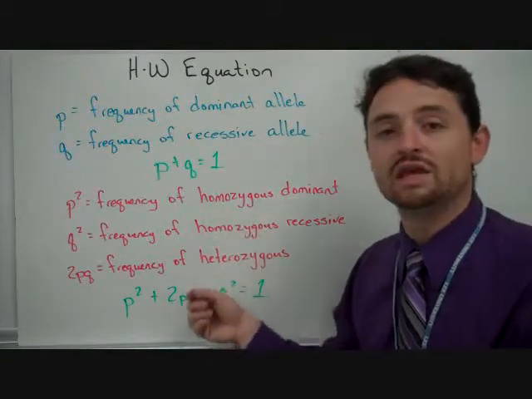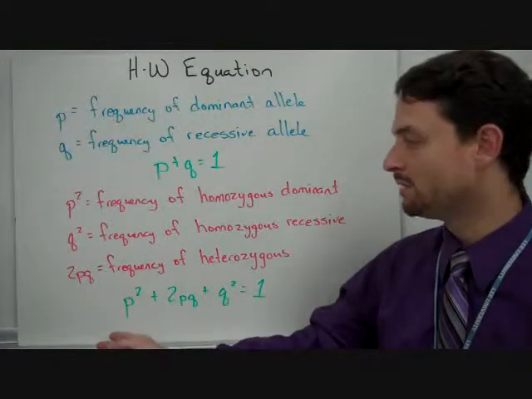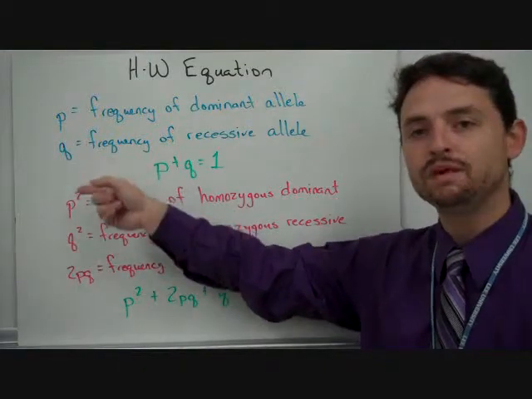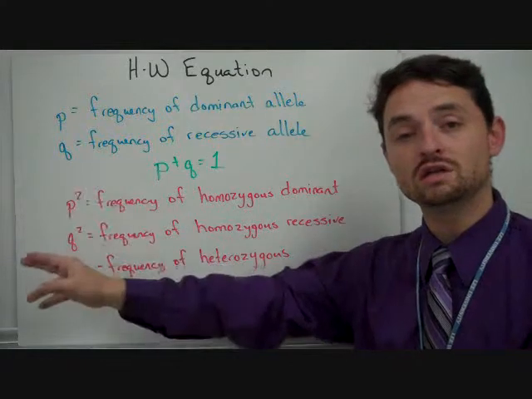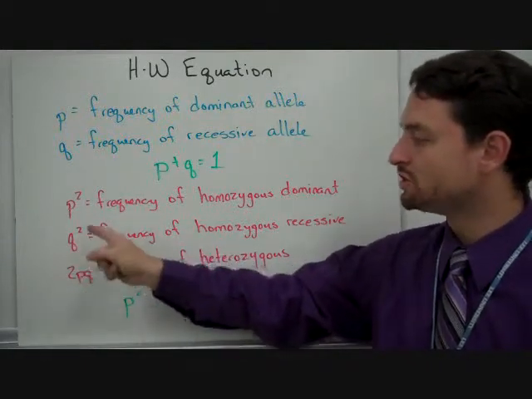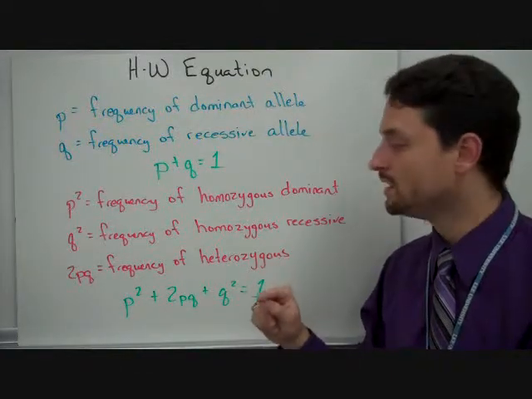So this is just looking at these new letters now and figuring them out in a population. You would say P squared, or P times P, would equal the frequency of the homozygous dominant, which we already looked at on the previous slide. We could say Q squared, or Q times Q, would be the frequency of the homozygous recessive individuals in the population.